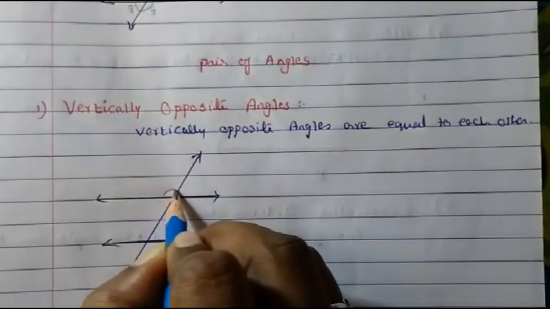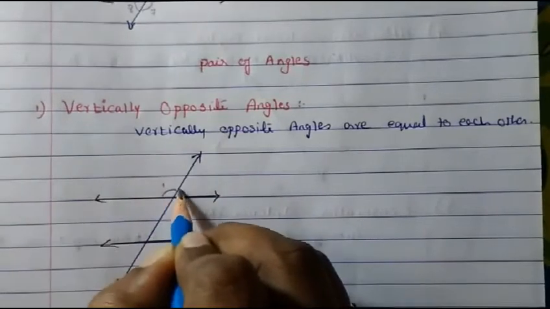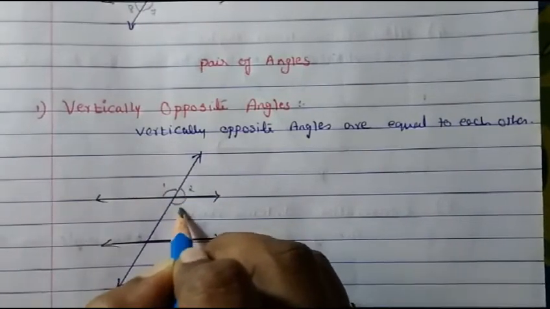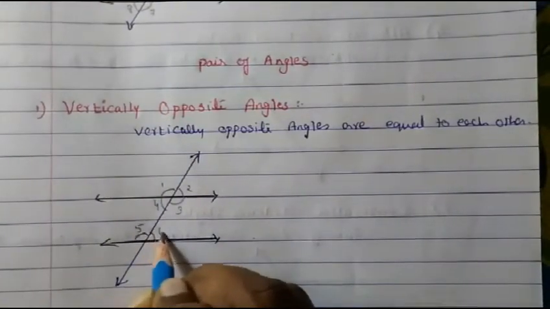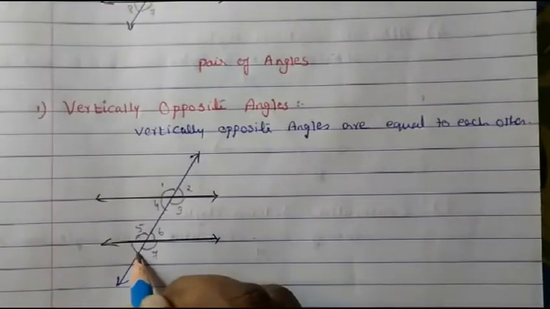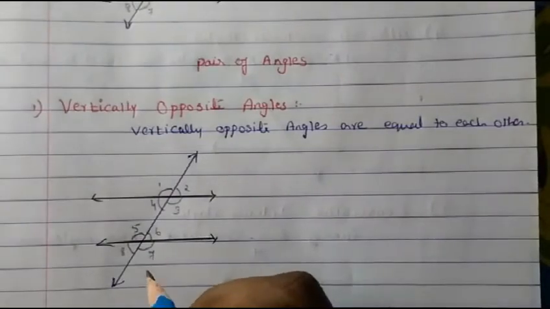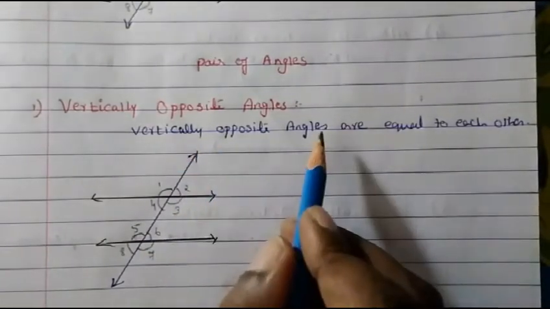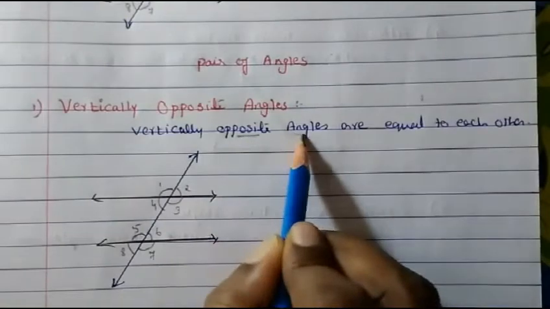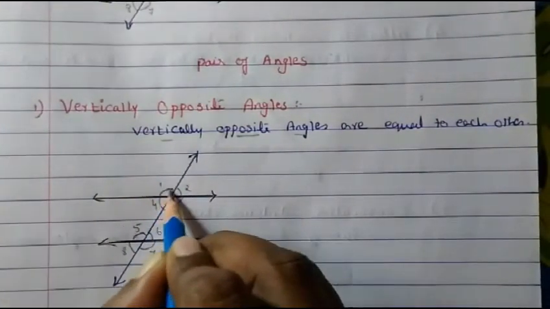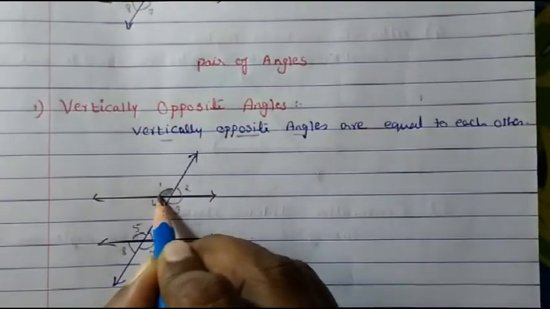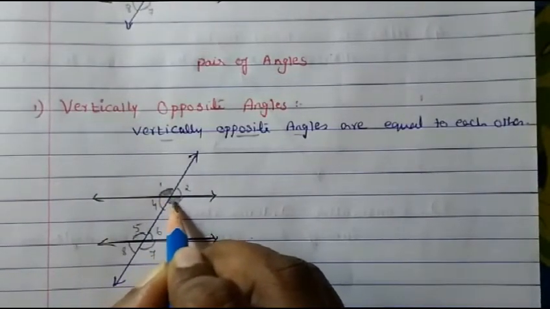First let us name them. This is 1, this is angle 2, angle 3, angle 4, this is 5, 6, 7, 8. Now in this, which are the vertically opposite angles? Angle 1 is opposite to angle 3, so these are vertically opposite angles.